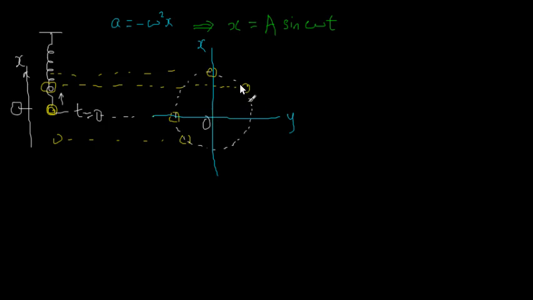What I can do is look at this graph and try to find the connection between the x value of this ball, in this case the vertical coordinate, and the acceleration of this ball in the x direction.